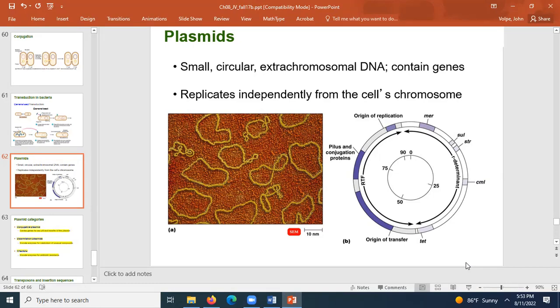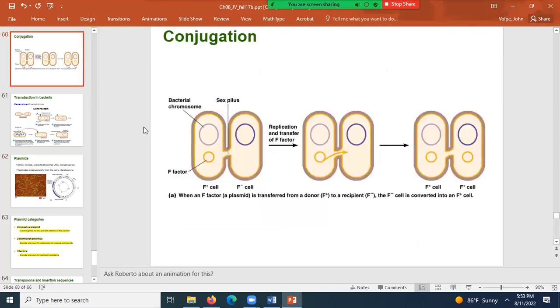Plasmids can replicate independently of the cell's chromosome. And we actually saw that up here, where this plasmid replicated, not because the chromosome was replicated, but because the F plus cell had found an F minus cell and then skewered it and brought the two cells closer together.